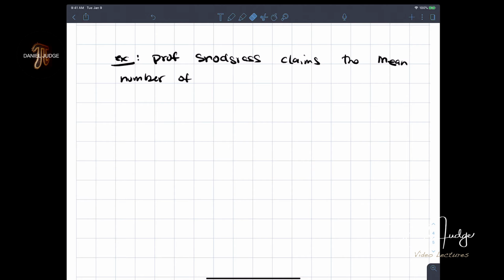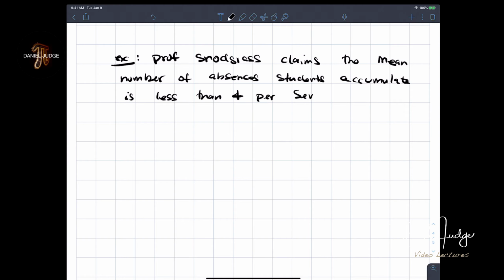Well, the mean number of what? Okay. Absences. Students accumulate is less than 4. Okay, and that would be per semester. So it's all your classes. All right.